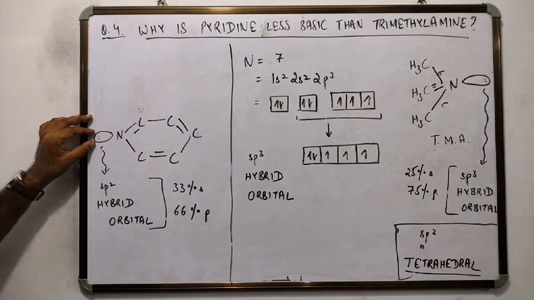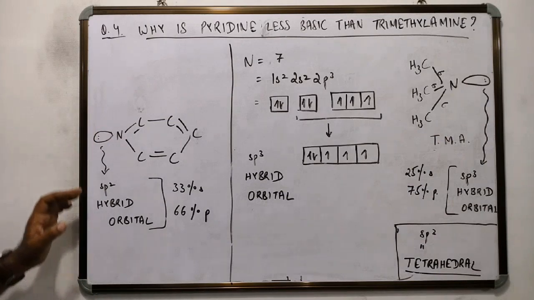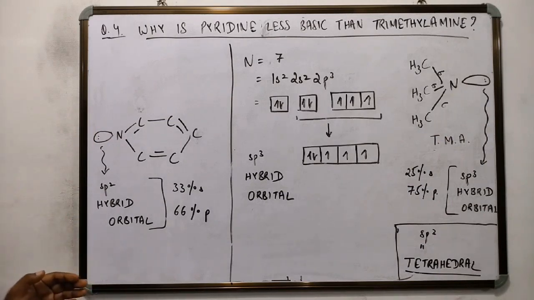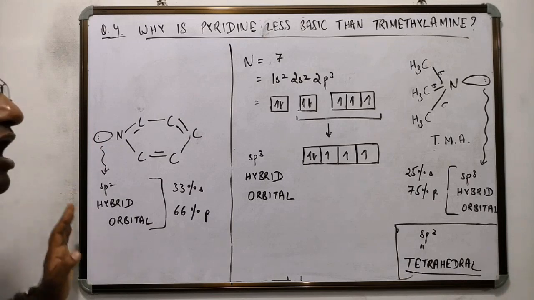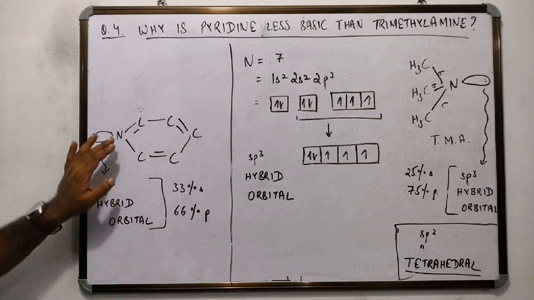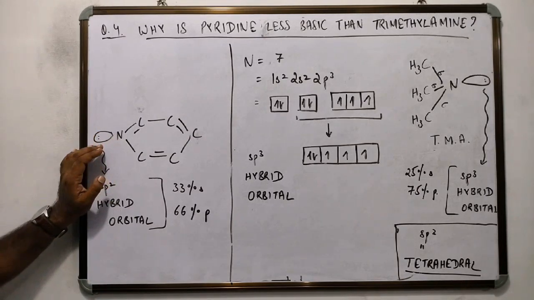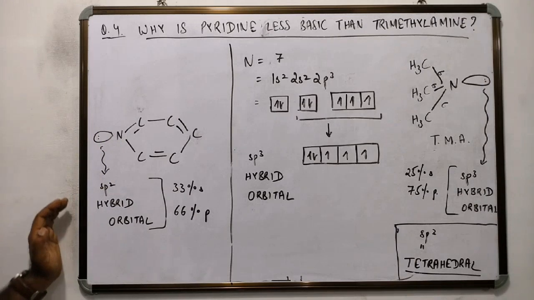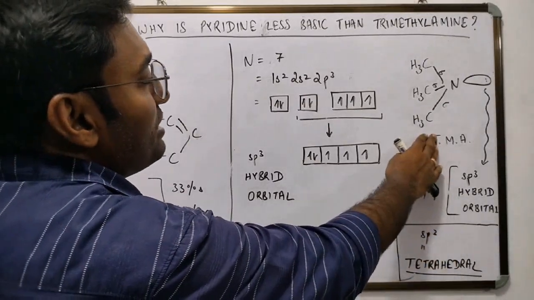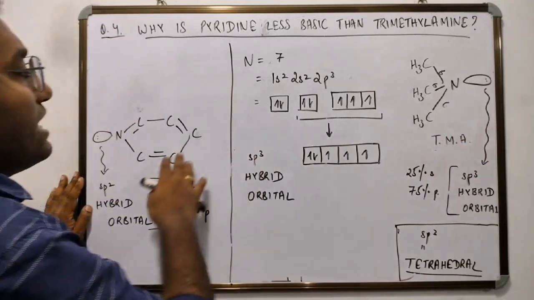Being much shorter, it restricts the movement of the electrons to a smaller space. The more spherical shape ensures that the electrons are more associated with nitrogen, less free to move, and thus less readily available for any proton or Lewis acid. Thus, without doubt, trimethylamine is more basic than pyridine.